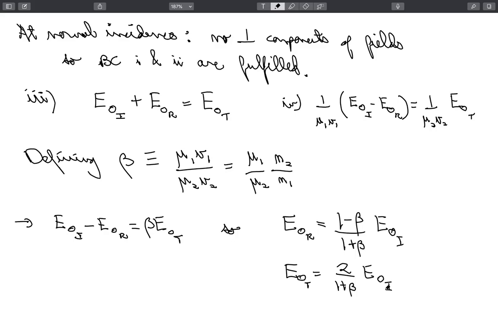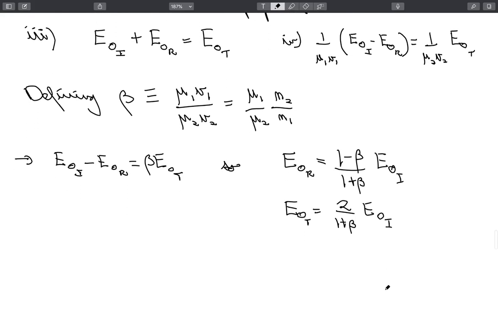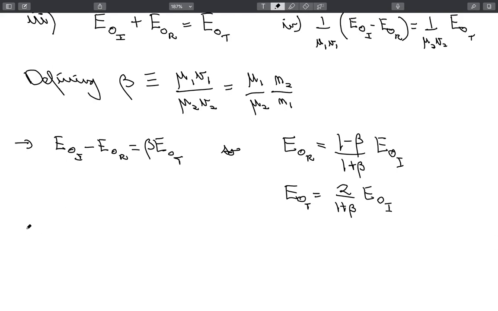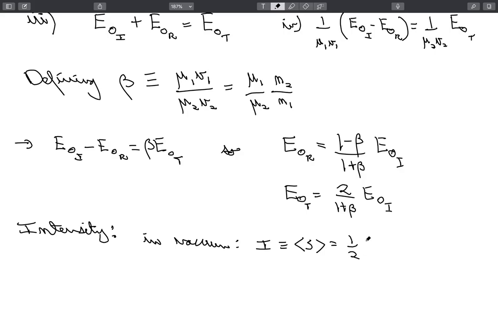Now we can ask ourselves, what about the intensity of the reflected and transmitted? So if we look at what we had before, just a little recall. In vacuum, the intensity, which was really the average of the amplitude of the Poynting vector over an integer number of cycles, was just 1/2 c times epsilon 0 E0 squared.